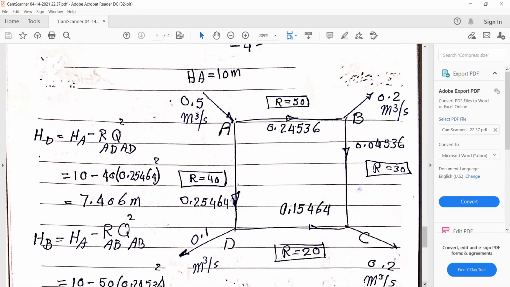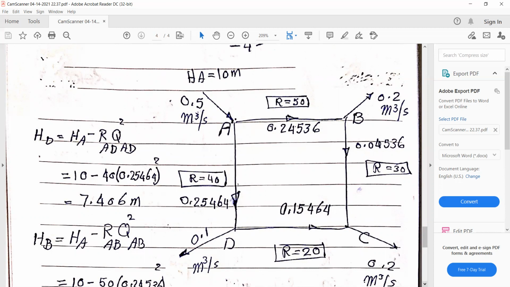Piezometric head is a summation of P over rho g plus Z. P over rho g is the pressure energy, and Z adds the potential energy. So when we talk about H here, it's actually H star, which I usually call piezometric head. If you have a manometer, you measure pressure or head, it will be piezometric head. Anyway, then we get 7.4 for the head at D.